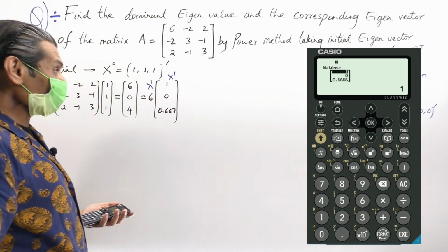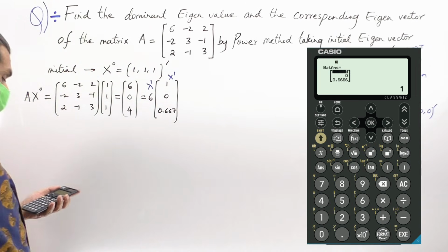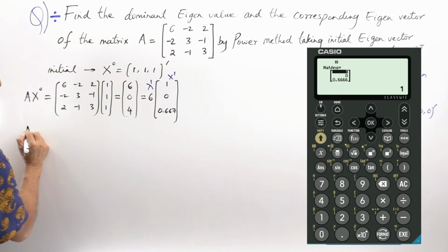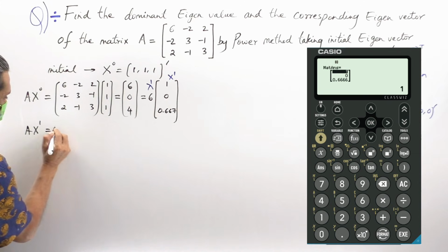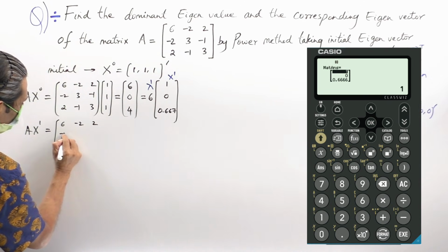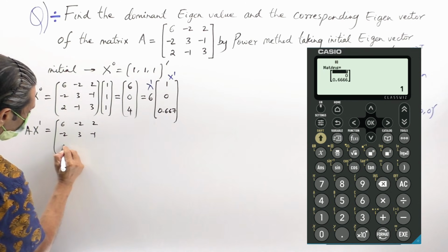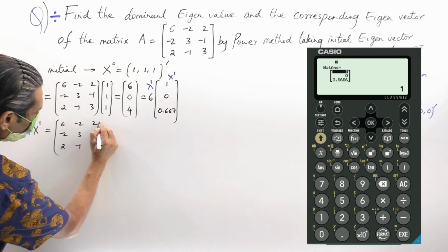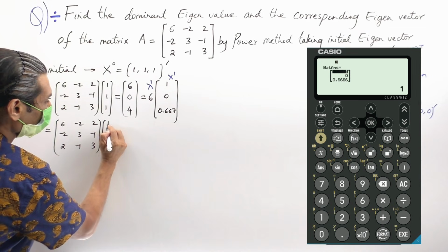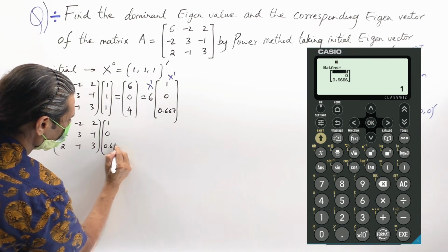Fine. Now again, same thing, I will multiply A into x1. Again A into x1 means 6, minus 2, 2, minus 2, 3, minus 1, 2, minus 1, 3 as it is. What is x1 now? The new eigenvector 1, 0, 0.667.